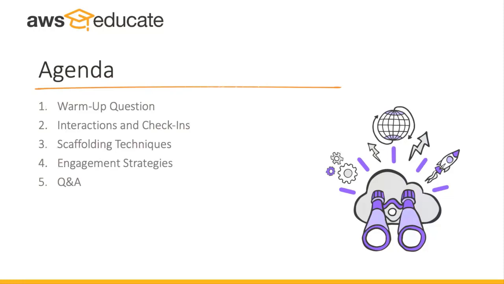This webinar is part 2 of a 2-part series in our online engagement strategies for English language learners webinar. A link to part 1 can be found at the end of the presentation and also in the notes below. Today, we will start from the beginning of a learning experience by discussing how to interact with and check in with learners. Then we will discuss ways to scaffold, or provide support for, the information we are teaching.